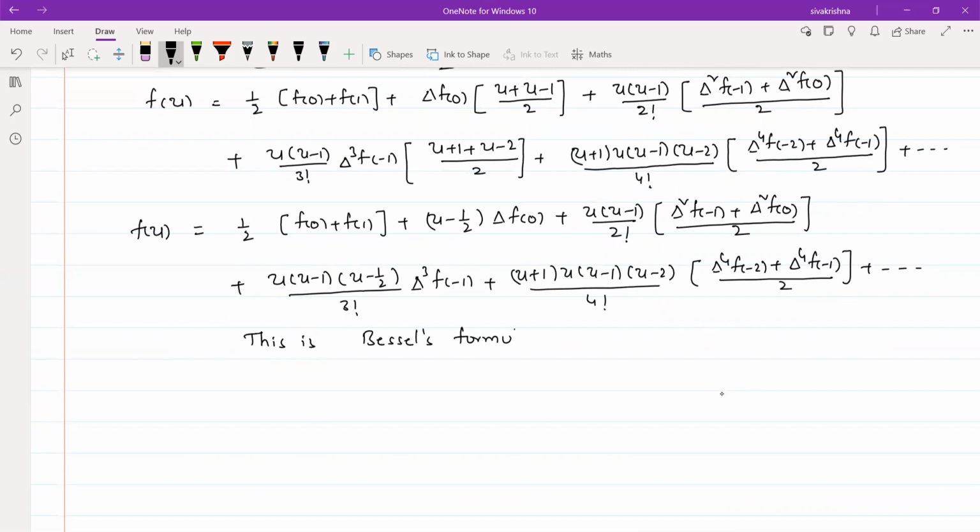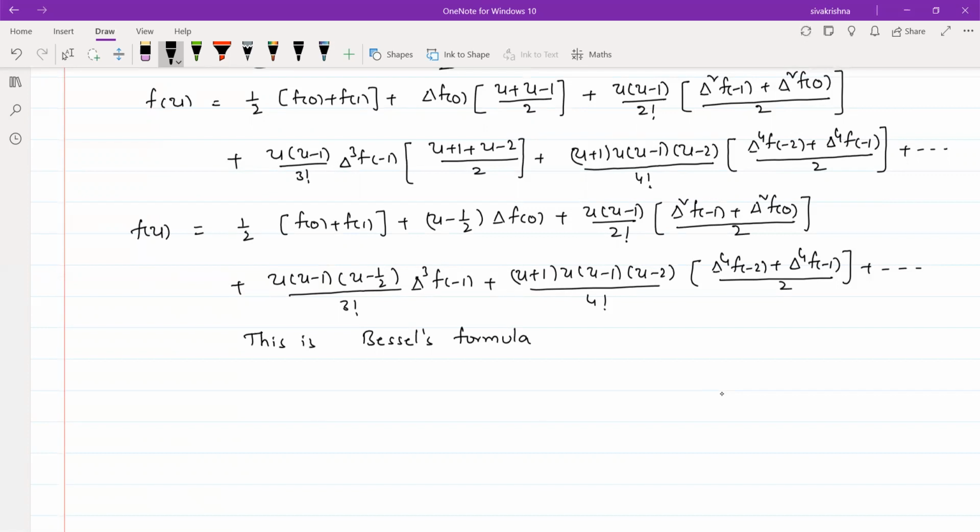Both Stirling's formula and Bessel's formula can be obtained by taking the mean of the Gauss forward formula and the Gauss backward formula. In Stirling's formula, we can directly take the mean of Gauss forward and Gauss backward. Whereas in Bessel's formula, we have to make two changes in the Gauss backward formula, and then take the mean of Gauss forward and Gauss backward.